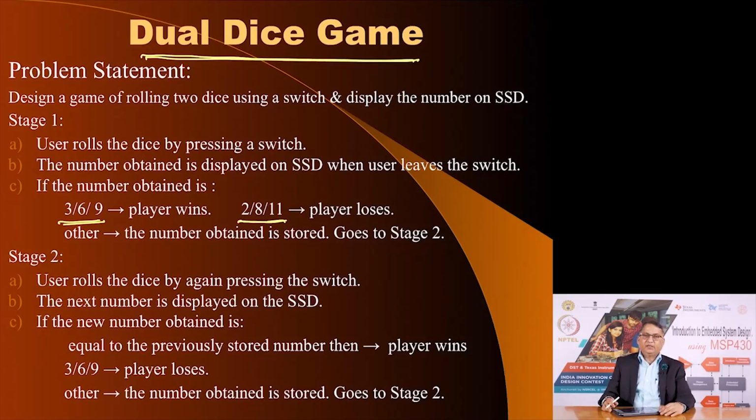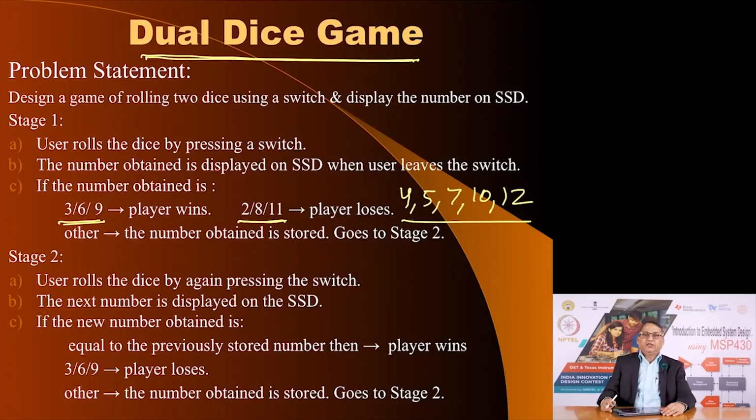In case the number is anything other than these, which means if it is 4 or 5 or 7 or 10 or 12, then the game proceeds to the second stage, and before proceeding, it stores the current number that was received, which means that number had to be one of these numbers.